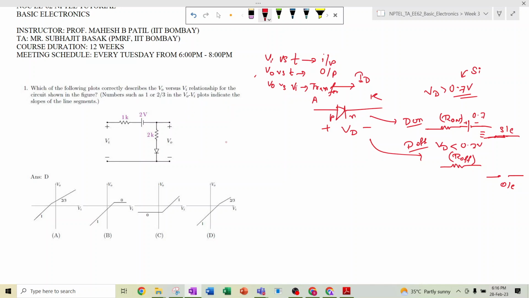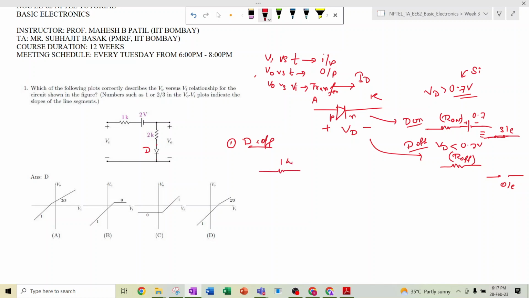So typically we first consider the diode to be off. So case 1, the diode is off. I am denoting this diode symbol as D. So if the diode is off, then here it is an open circuit.